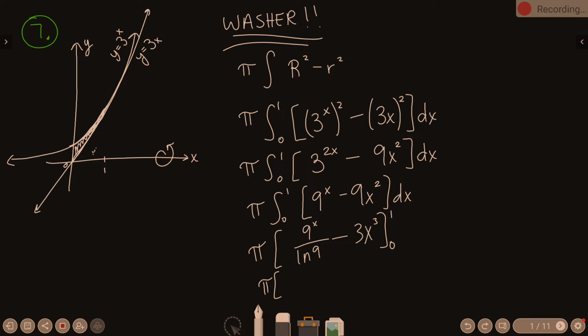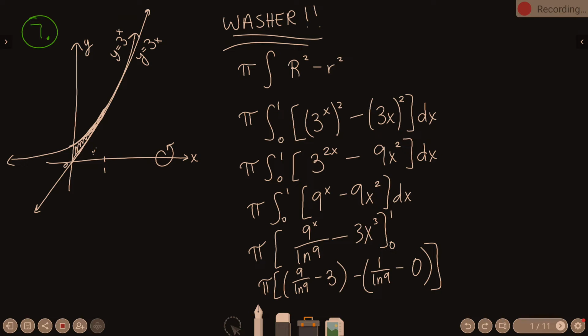Do not just say, oh, I don't need the 0, because you will miss. If we put in 1, it's going to be 9 over natural log of 9 minus 3 times 1 to the third, so minus 3, minus, we put in 0. 9 to 0 is 1 over ln 9, and then minus 0. So there is a 0 in there, but you do have to consider this.